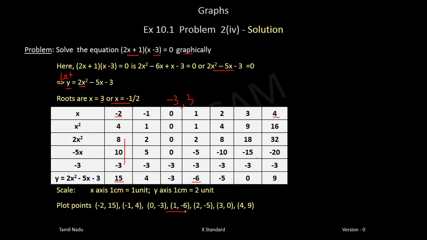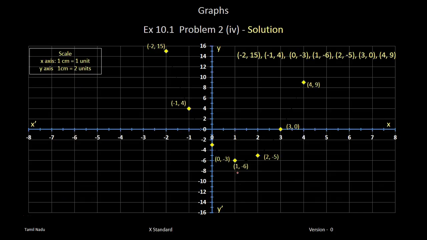So what is next? We'll have to draw the x-axis and y-axis and write the units on it as per the scale. So we have the x-axis and the y-axis. As we said, 1 centimeter is 1 unit on the x-axis. So it is 0, 1, 2, 3, 4 on the x-axis positive side, and the negative side minus 1, 2, 3, 4 up to minus 8.